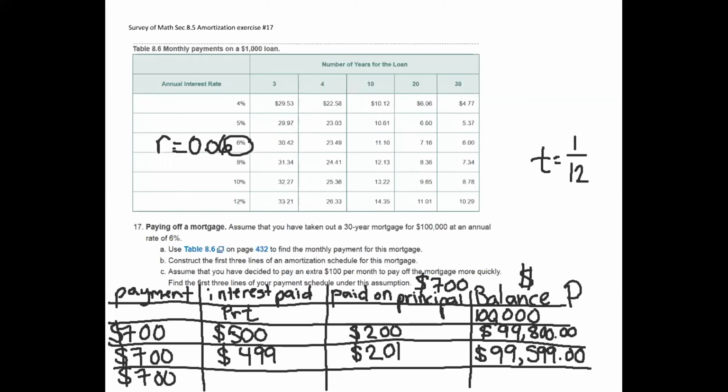If we take $99,599 multiplied by R, 0.06, multiplied by T, 1/12, then we see that the interest that is coming out of our payment is $498, and the amount that gets applied toward our principal then is the other $202, which brings our principal down to $99,397.